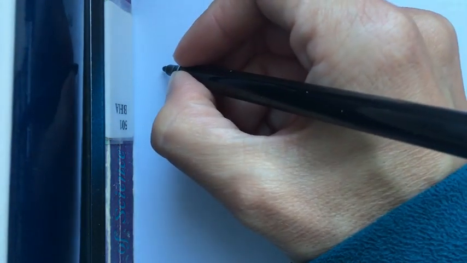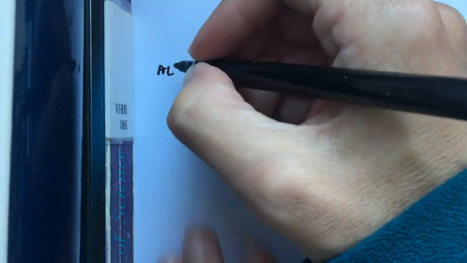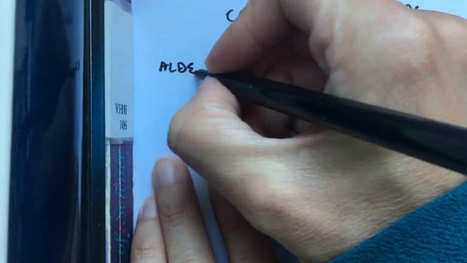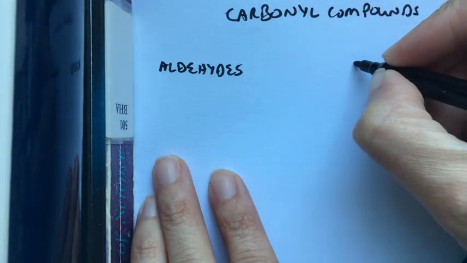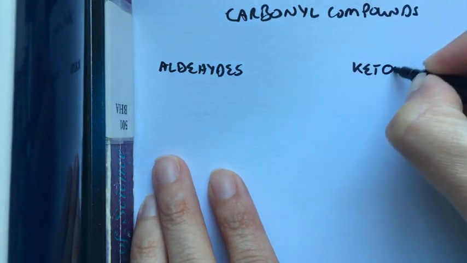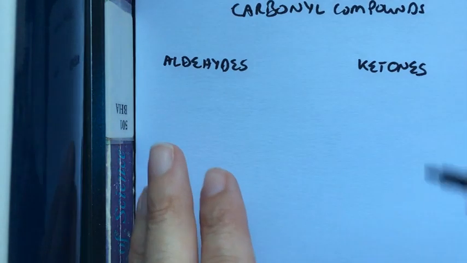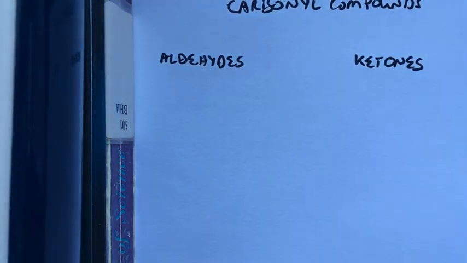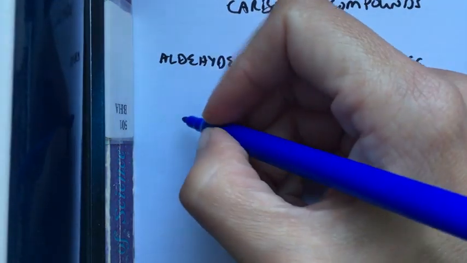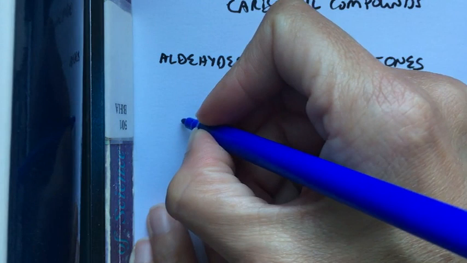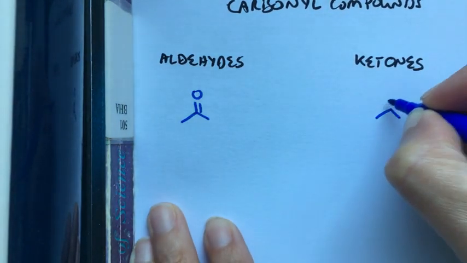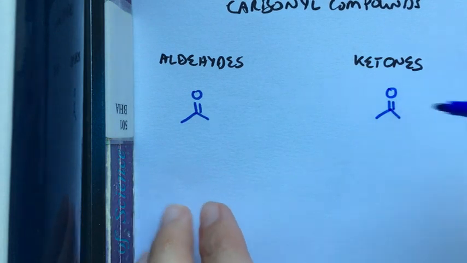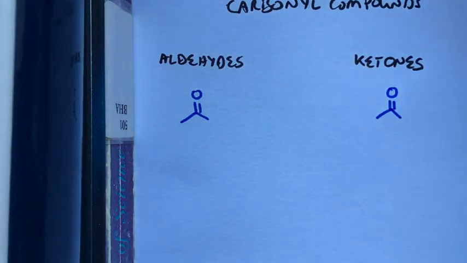There are two kinds of carbonyl compounds that we need to look at: aldehydes and ketones. An aldehyde, both of them contain this functional group. But there's a very important difference between them.